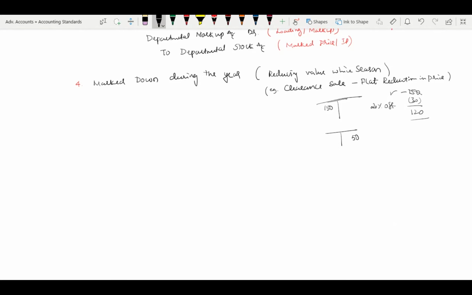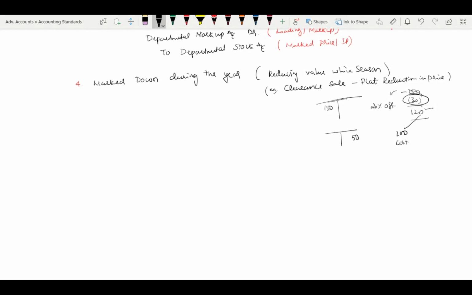If it is an individual customer, I will not disturb that stock because it is worth it. But now it is a flat reduction, the complete sale price itself I reduced, so I also have to reduce the invoice price of the stock. Since I reduced 30 rupees, always look at this: whatever the flat reduction in value, cost is still 100.